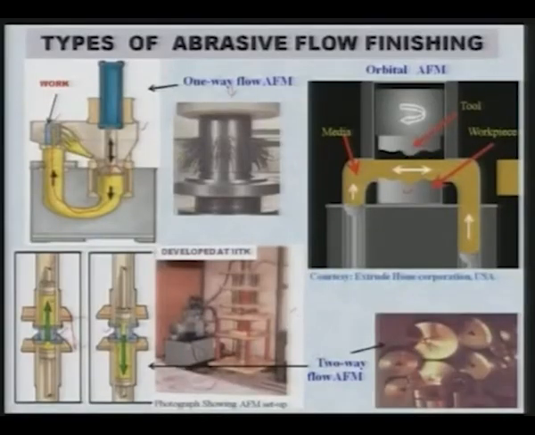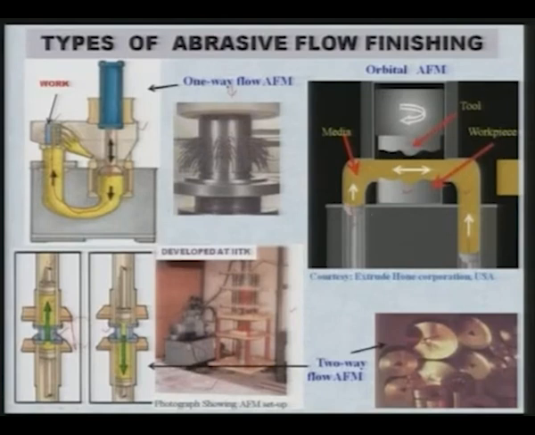In this process, very interesting one, you have one cylinder and piston on the left side, another cylinder and piston on the right side, and this is the medium and this is the workpiece. Just the inverse image of the workpiece is the tool, and when this tool comes down, it comes in contact with the medium, it pushes downward and the medium comes in contact with the cavity of the workpiece which is quite irregular, and when this tool rotates, the medium also gets mixed up and it is pushed from here as well as here.